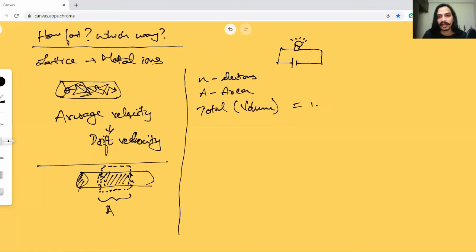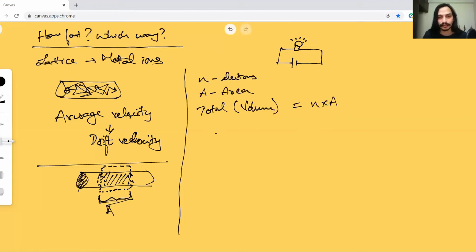We can say n into A, number of electrons times the area. This is the entire space that we are looking at, and this would be the cross-sectional area. So in this whole volume, we can get n into A electrons.